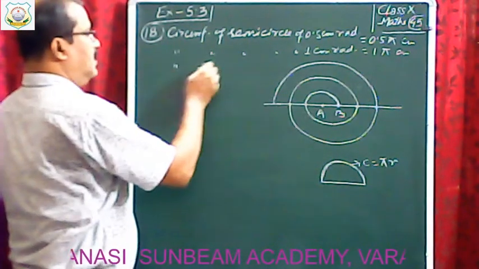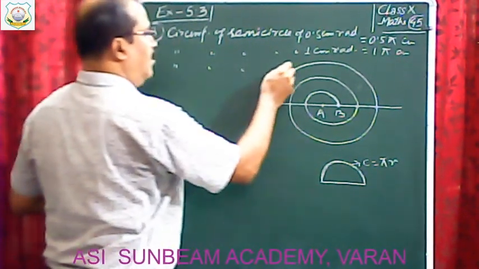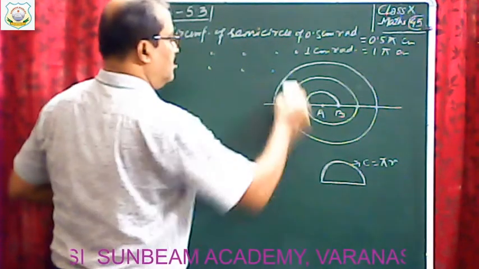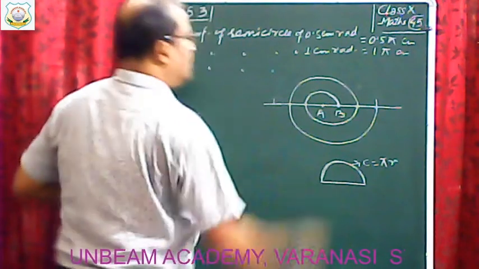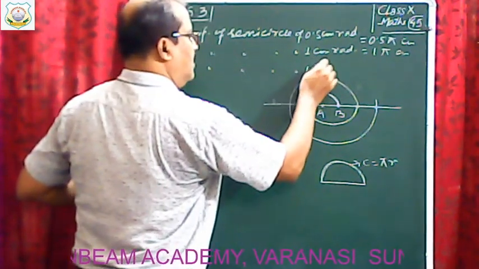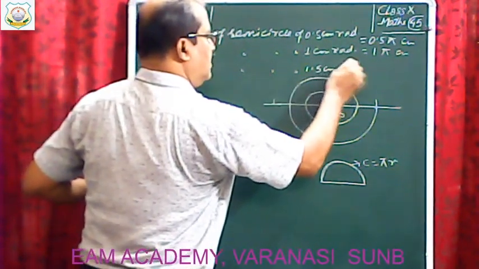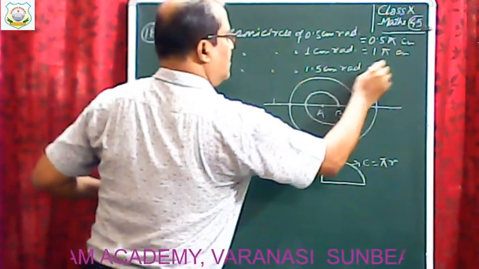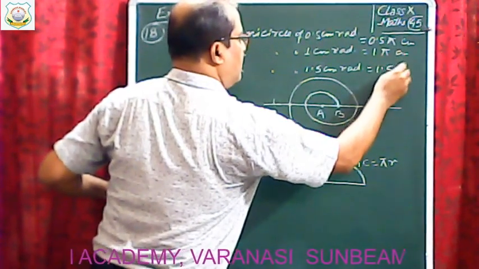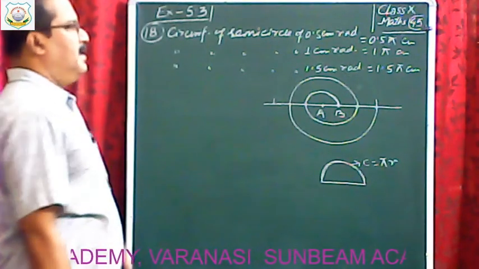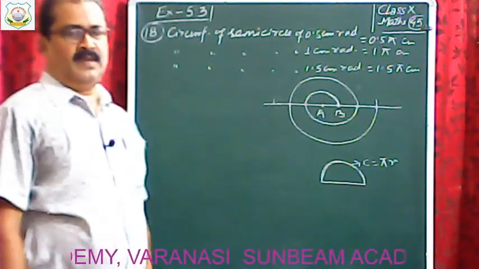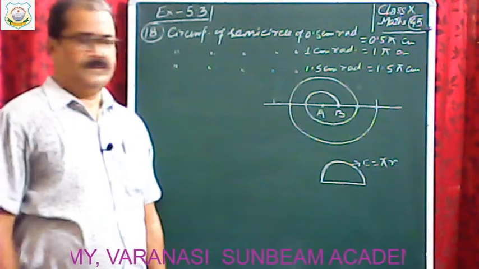Again, the circumference of the semicircle of 1.5 centimeter radius is 1.5 pi centimeter. So 0.5 pi, 1 pi, 1.5 pi form an AP.